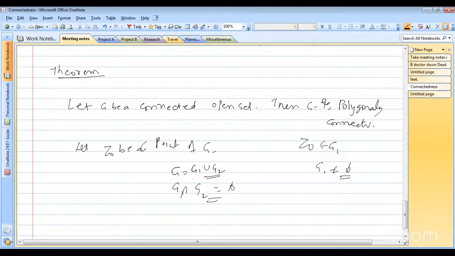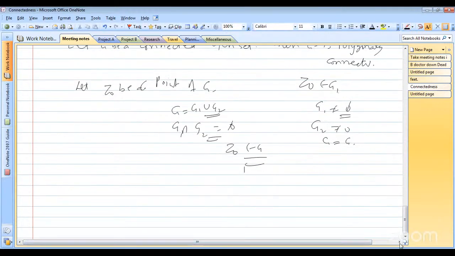Therefore G1 is not empty, and then only G is connected. So G2 is equal to empty, G2 not equal to empty also taken. G is equal to G1 at every point. G is polygonally connected to Z0. Since Z0 belongs to G, it is polygonally connected here.